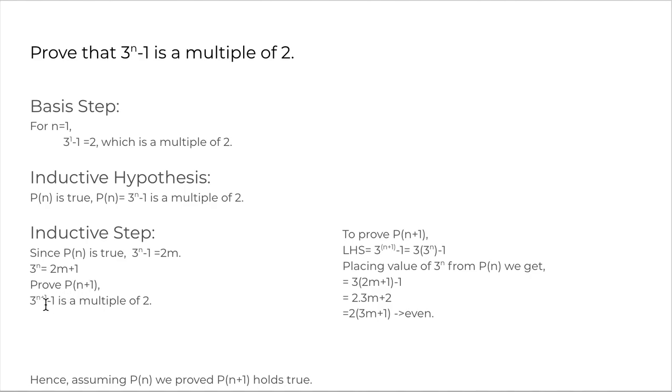You divide the power 3 raised to n plus 1 as 3 times 3 raised to n, and you place the value of 3 raised to n from P of n. So the assumption was that 3 raised to n minus 1 is a multiple of 2, and we had to prove that 3 raised to n plus 1 minus 1 is a multiple of 2, which we do right here. And that's the proof of induction. So by mathematical induction, we showed that 3 raised to n minus 1 is a multiple of 2.